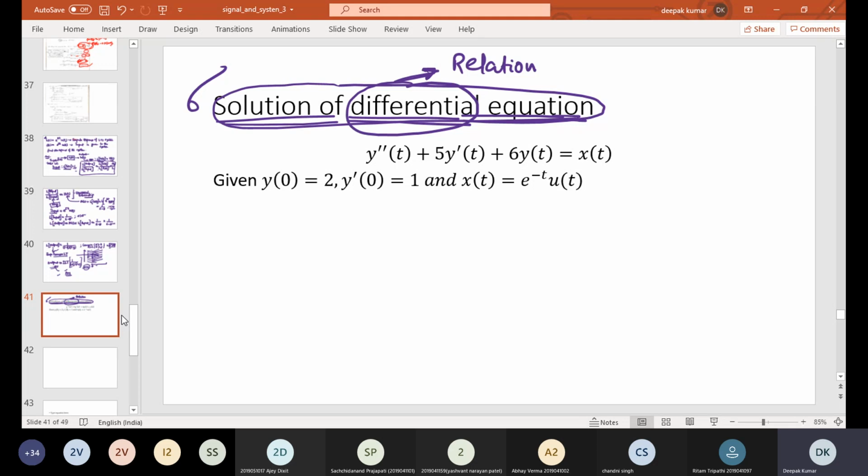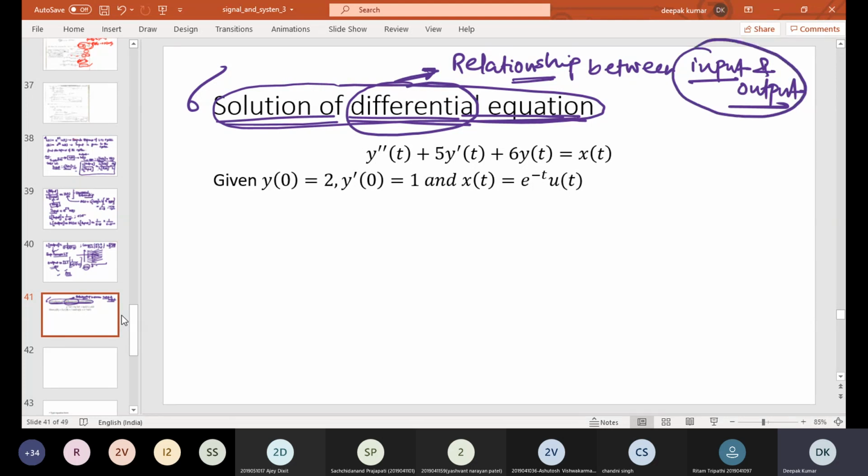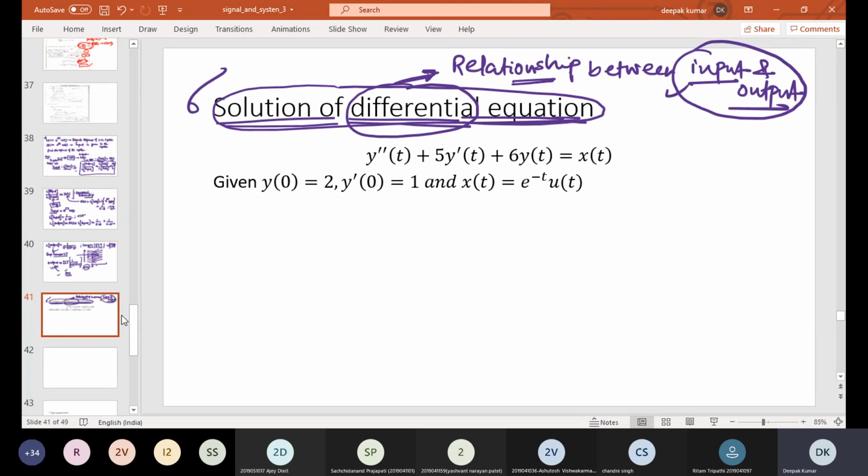Differential equation represents a relationship. What relationship? Between input and output. So here also we will study the differential equation solution in signals and systems, because the relationship between input and output is basically the subject of our concept.